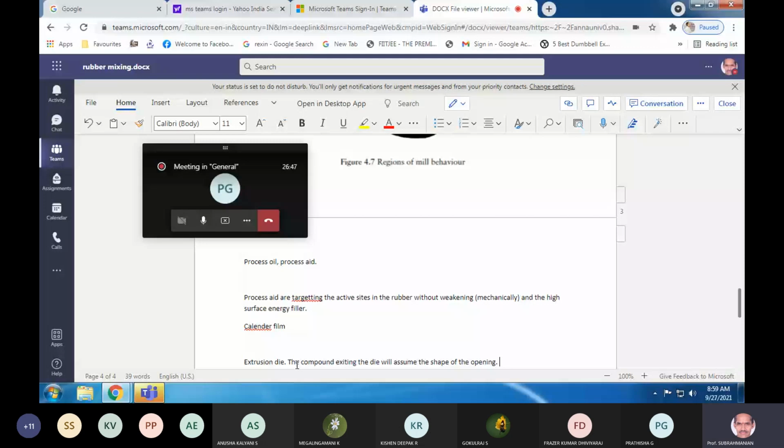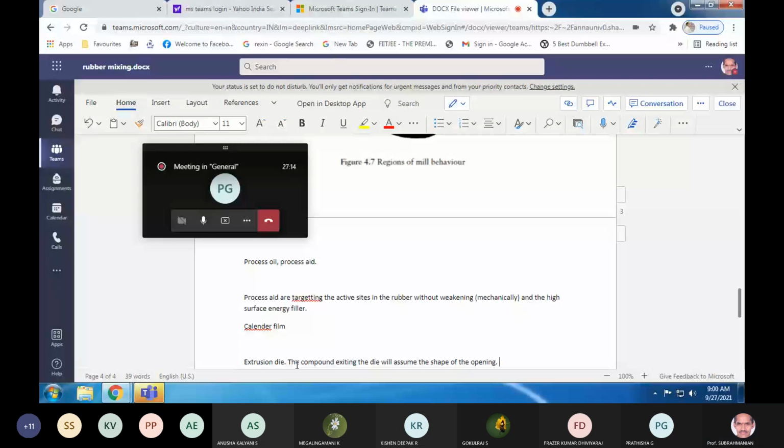So one has to balance closely the viscoelasticity. The compound should be elastic enough to retain the shape of the die opening and soft enough to pass through the die smoothly. You understand? And shear rate plays a critical role.